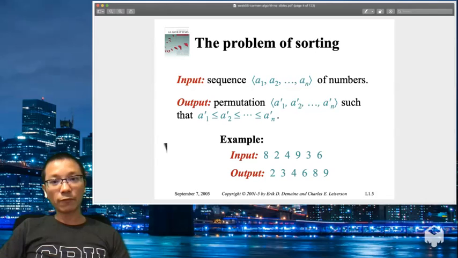Maybe you can do non-increasing order, but here it's non-decreasing. So A1 prime is less than or equal to A2 prime. Here's a more concrete example. The input has these numbers: 8, 2, 4, 9, 3, 6. We want to produce an output that's sorted: 2, 3, 4, 6, 8, 9. It's a very simple problem. I think everybody understands it.